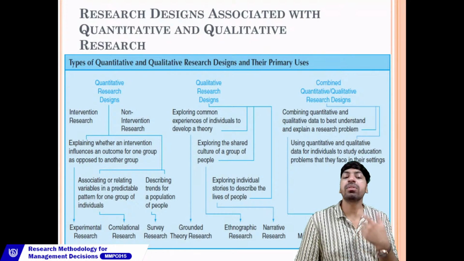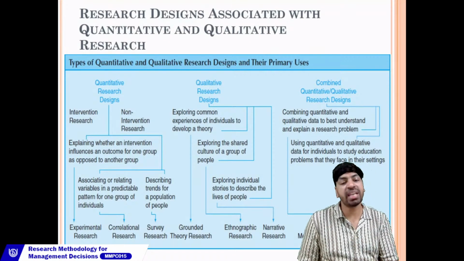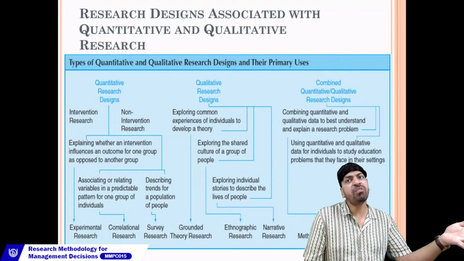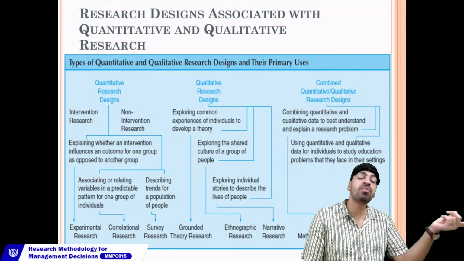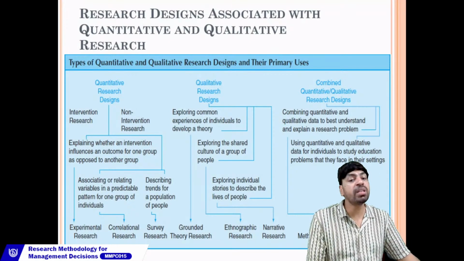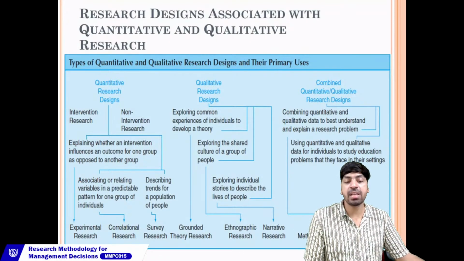When we talk about the correlational research design, it relates or associates one or more variables. Okay, whether one group of individuals will be influenced by another group of individuals, or the other group will be influenced by the first group. So that is the correlational research design.